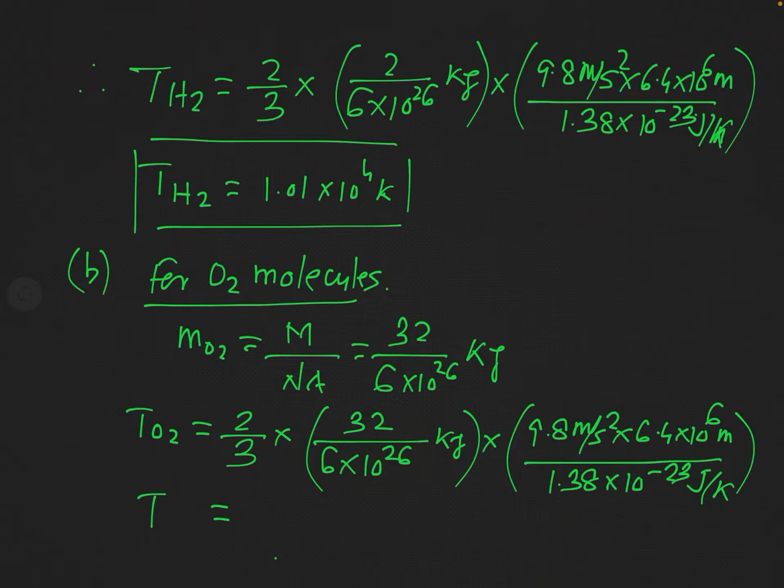After simplification we will get TO2 equal to 161.6 into 10 to the power 3 Kelvin. So this is your answer. This is the temperature at which the oxygen molecule will escape from the Earth's gravitational field.